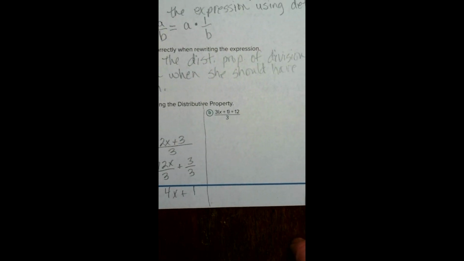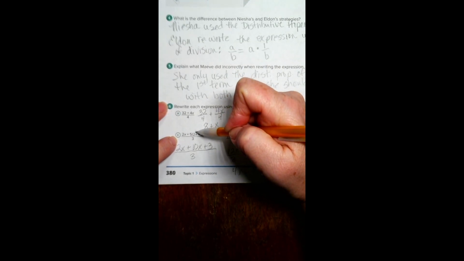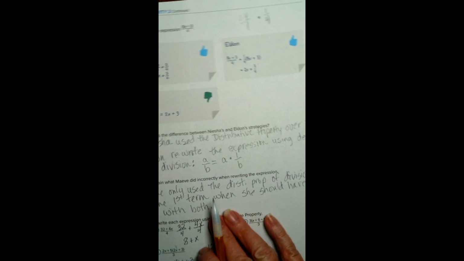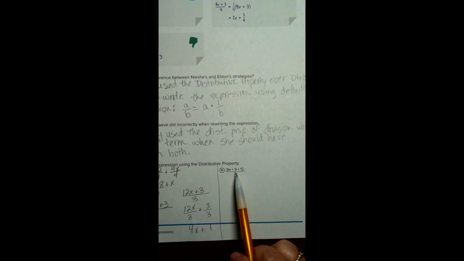Okay, 3 times the quantity of x plus 1, plus 12, divided by 3. I'm going to show you what I could have done here, just to show you can do this both ways. I distributed that 5 here first. Here I distributed the 5 to the 2 and the 3, but here I'm not going to distribute it.